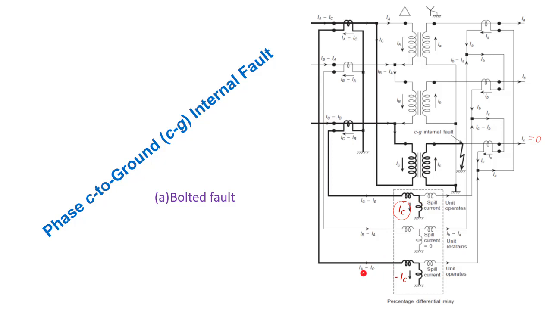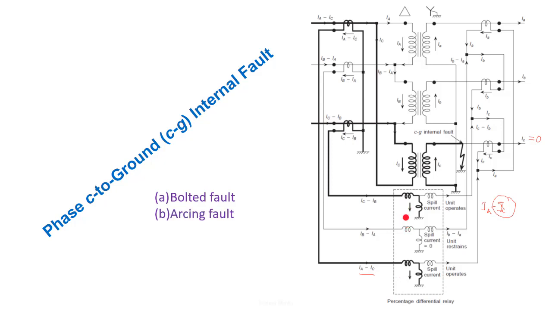Similarly, in this branch, capital IA minus capital IC will flow on the left side, and on the right side small ia minus small ic, and because small ic is 0, IA will flow here only, and minus IC will flow in the spill path. Therefore we have two currents in two phases in the spill path, and that will cause the overcurrent relay to give the trip signal to the circuit breaker.